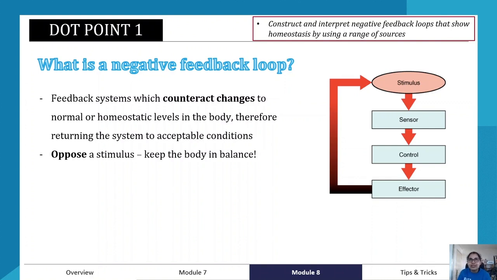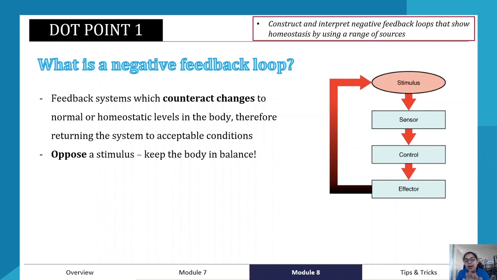So homeostasis is about maintaining a stable internal environment regardless of the changing external conditions, right? So even if you're out in the cold, on a really cold windy day, you still want your body to maintain its stable 37-degree temperature. If it drops below that, we start to see things like shivering, for example, and that's happening because the body is trying to return back to the normal state.